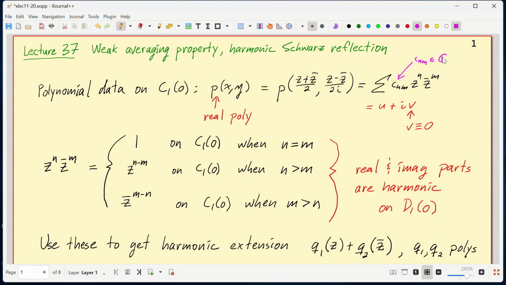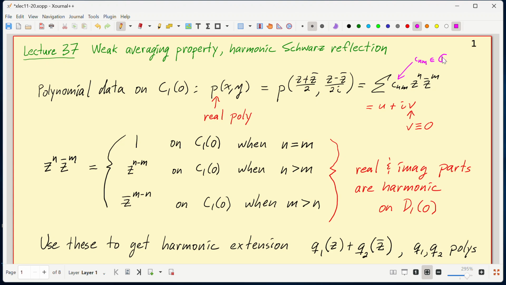And of course, the real and imaginary parts of that are harmonic. And so similarly with the last case, when m is the big one, then it's z bar to the m minus n on the unit circle, because z times z bar is 1 on the unit circle. That's why.